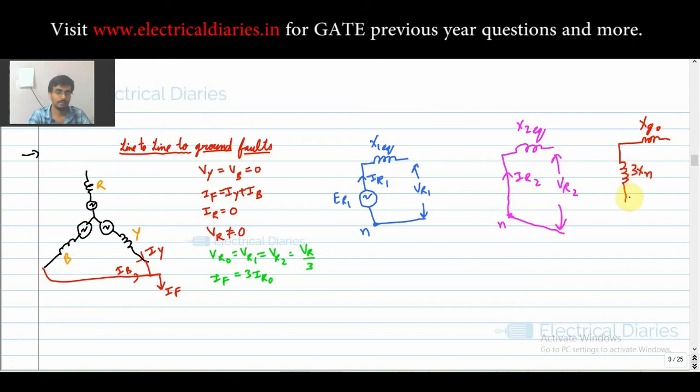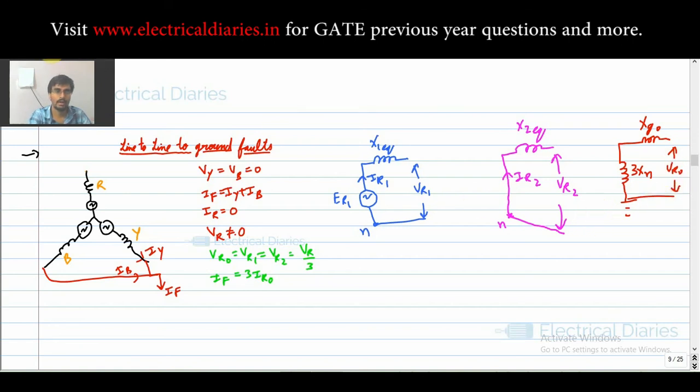If there is no reactance, it is shorted, then you put Xn equal to 0. And if it is without any grounding, that is infinite resistance, you put Xn as infinite, so this will be an open circuit. That is how you need to follow. So this is your VR0, and you have got these three circuits.